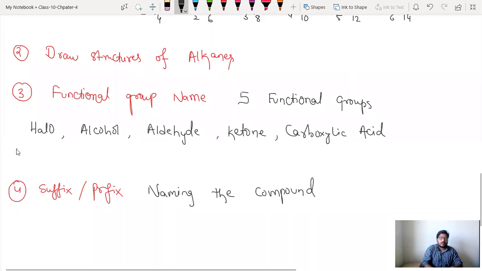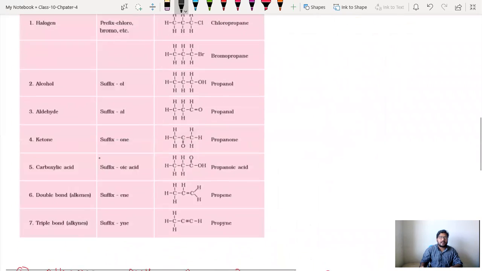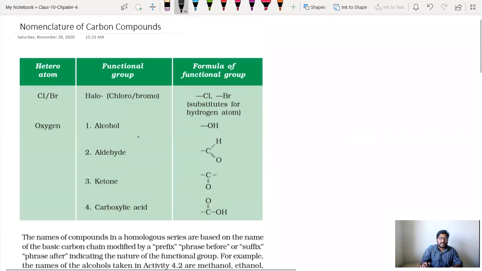Halo means bond Cl, bond Br, bond I. Bond Cl means when hydrogen is removed, Cl can be added. When hydrogen is removed, Br can be added, like that. In the chart I gave, halo is simply the halogens.